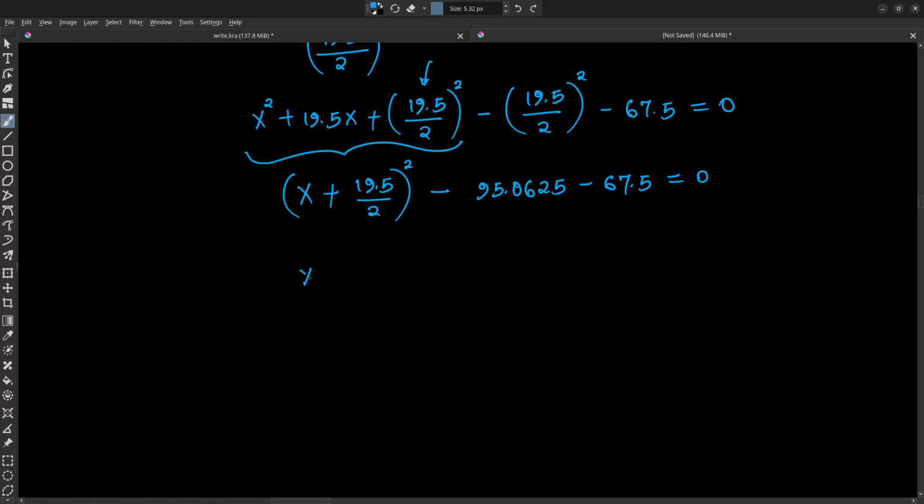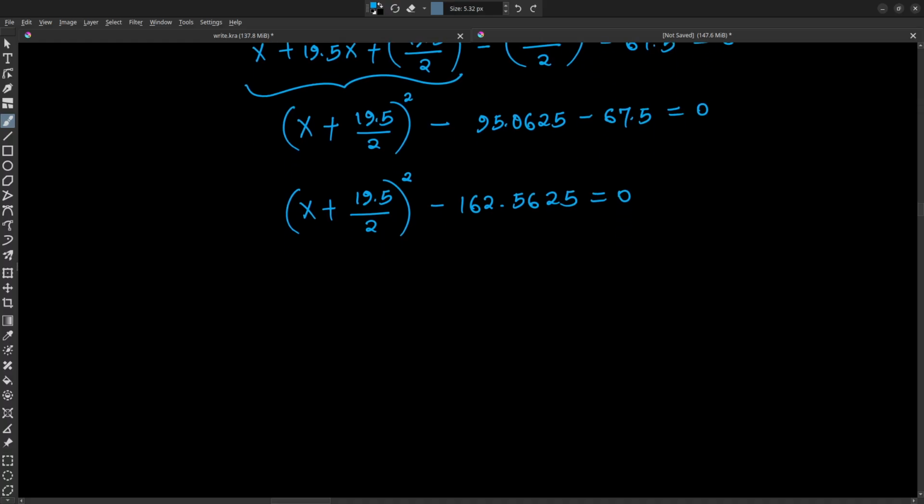So this means that x plus 19.5 over 2 squared, minus 95.0625 and then minus 65. Let's see what that gives us. Oh, I mean, minus 67.5. That's going to give us minus 162.5625, and we are saying this is equal to 0.